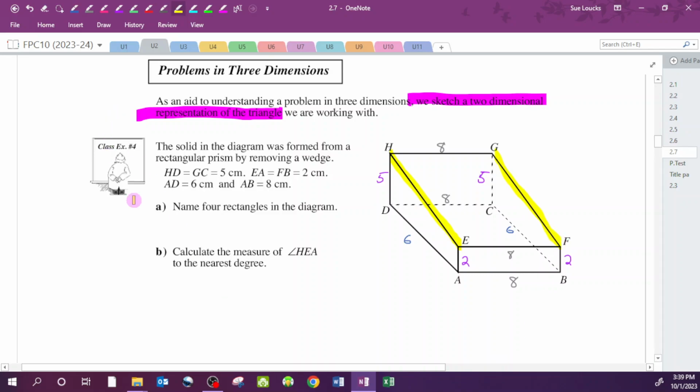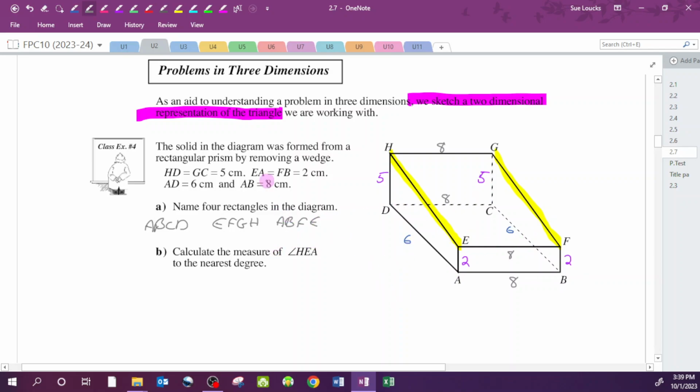All right. Let's name the 4 rectangles in the diagram. Well, we have the bottom, A, B, C, D, so that's like the bottom of the box. And then we have the top surface, E, F, G, H. And then we have this front rectangle, A, B, F, E. It doesn't matter which letter you start on, but you have to follow them in order, whether you go clockwise or counterclockwise.